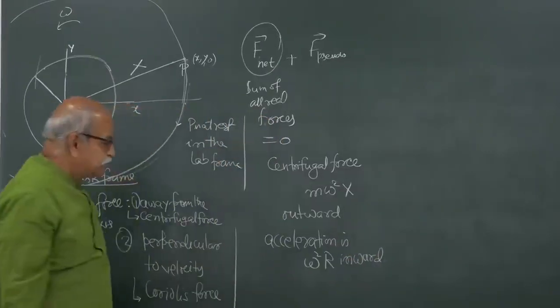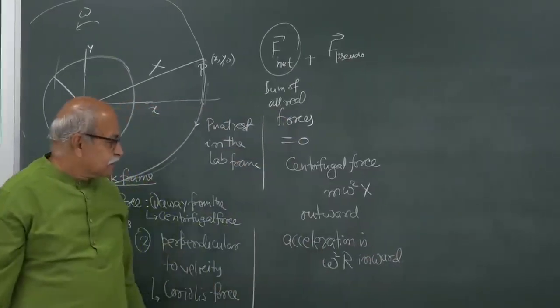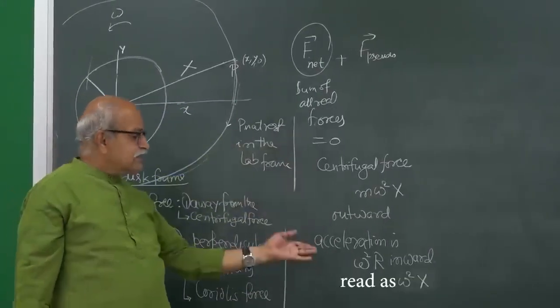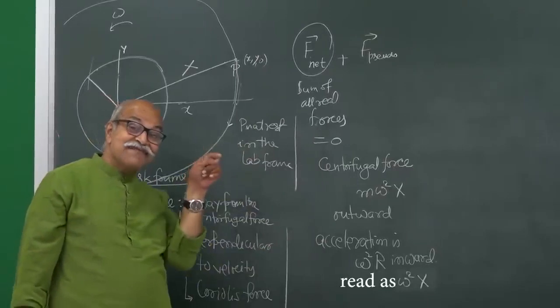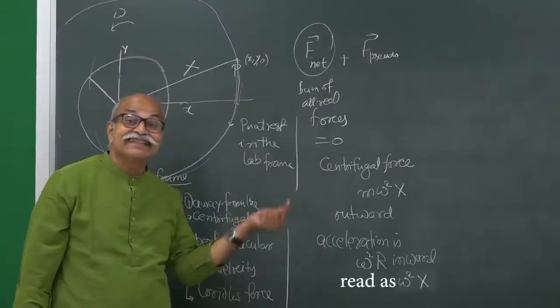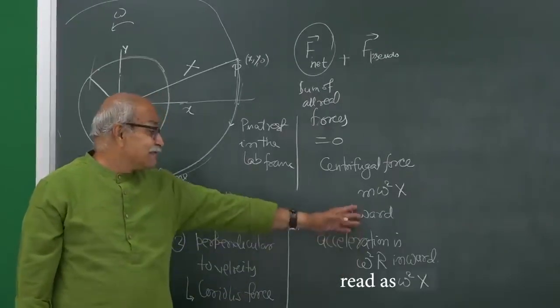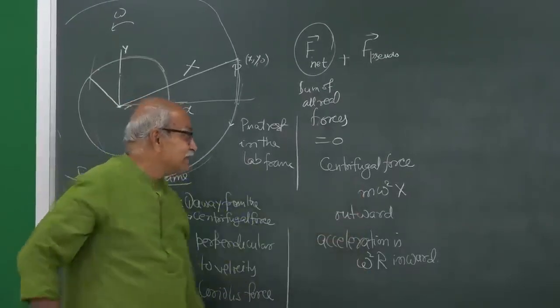Okay, in terms of speed it will be omega square x. So, the centrifugal force is outward, but the acceleration is inward. That means I have yet another pseudo force, and that is inward, and that is more than this and more than this, and that gives me this acceleration.